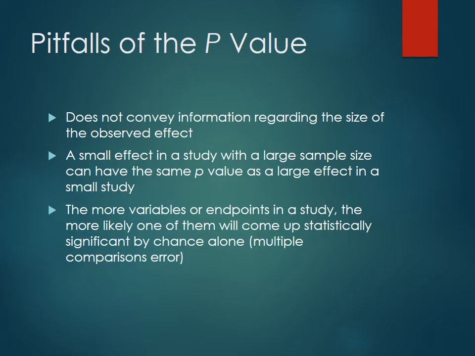And so then the other thing to look at as well is that the more variables or endpoints that we're looking at. So say I do a randomized controlled trial where I randomize patients to receive either simvastatin or placebo. If I were to run that study and look at things like cardiovascular death, all-cause mortality, inflammation markers, the more endpoints that I have, the more things that I'm comparing, the more likely I am to run into these multiple comparison errors, and the more likely you are to make a type 1 error.